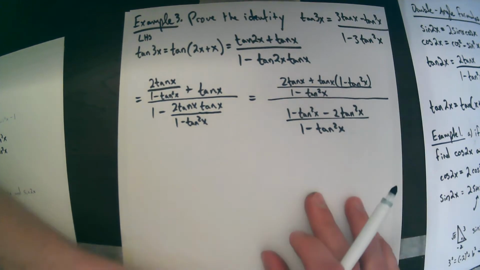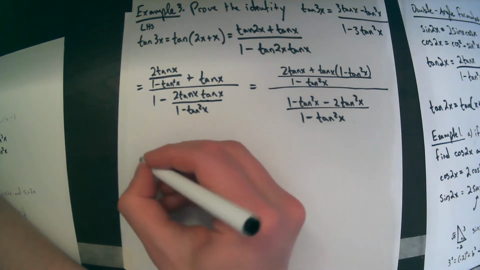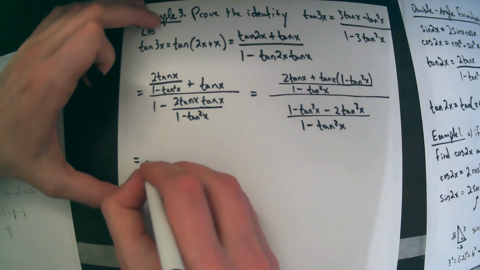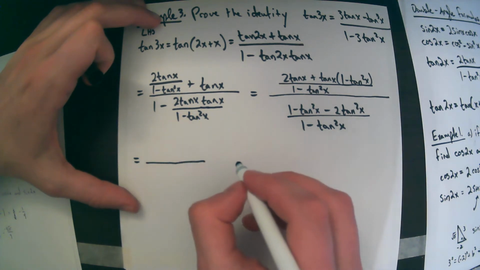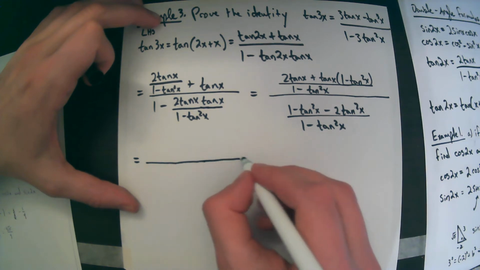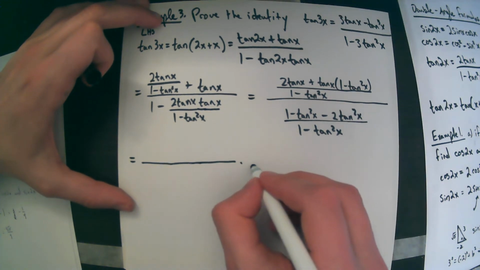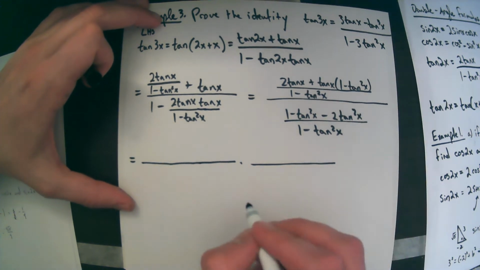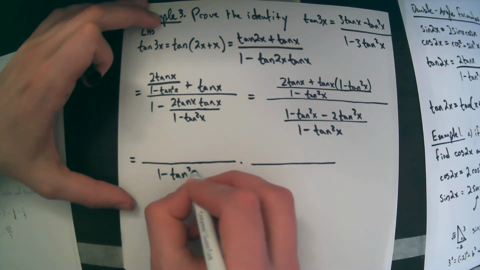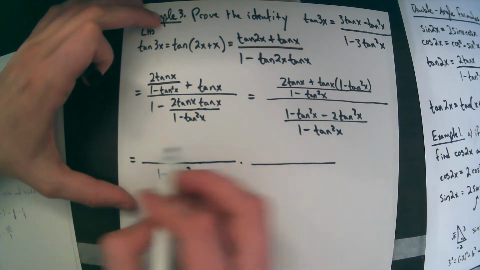Now I can write this giant fraction as the first fraction times the inverse of the second fraction. So the first one is going to be, 1 minus tangent squared x is in the bottom. And I can clean up the top a little bit.